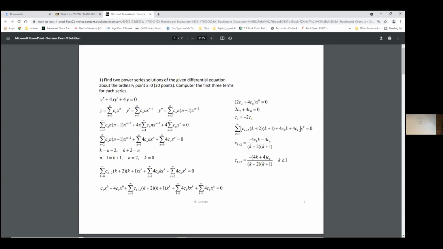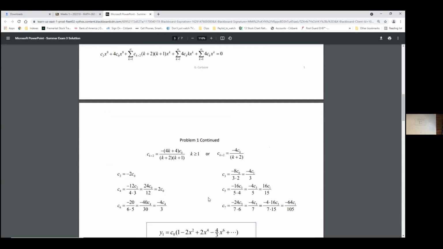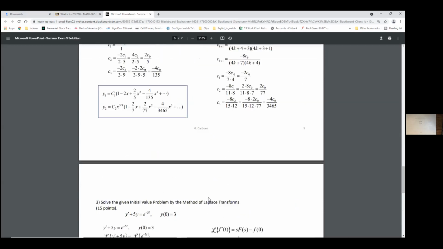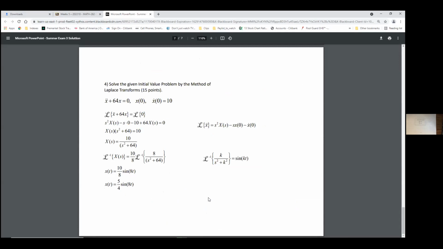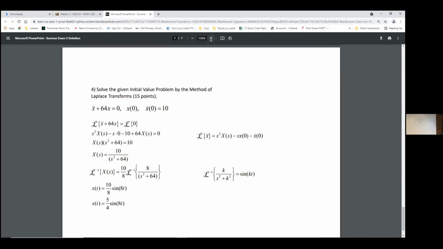Professor? Yes. Sorry, for the last problem, can you explain how you get divided by 8, where that comes from? Okay, we have this 10 here. This is the form for the inverse Laplace transform.